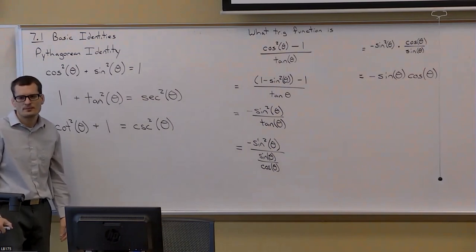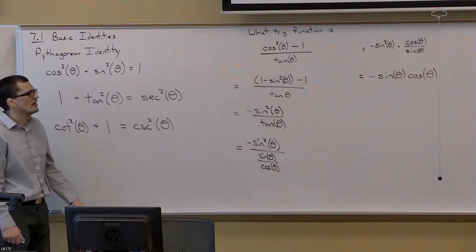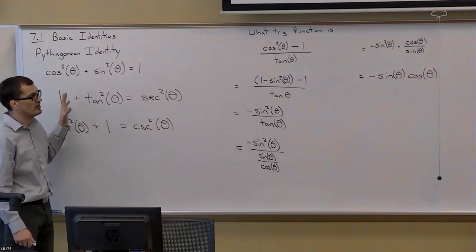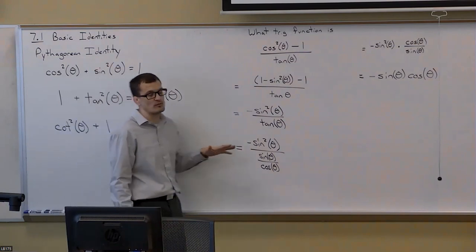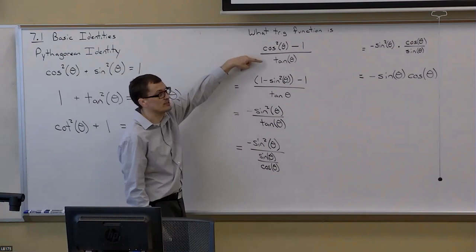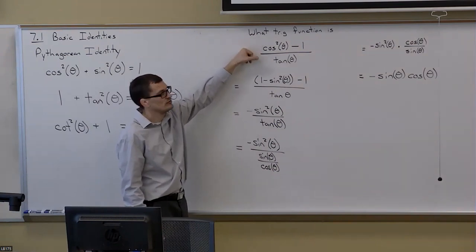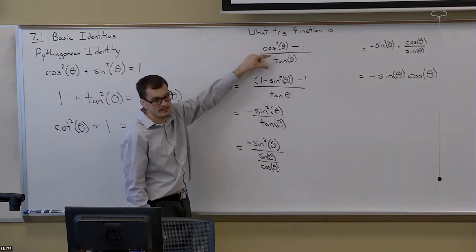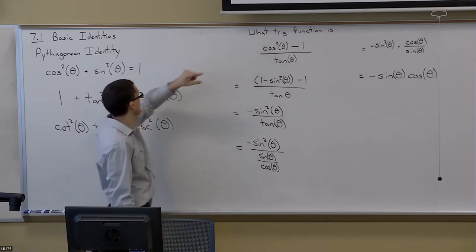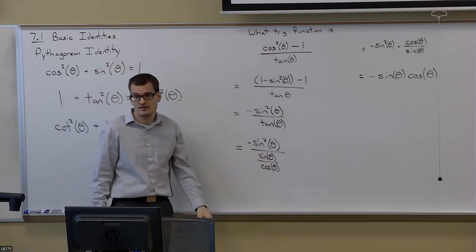Not too bad. Now, there's a lot of different options when you're applying these identities, and that's where it gets tricky. People will look at this and say, I don't know where to start. Well, do you start with rewriting tangent, or do you start with manipulating cosine squared with the Pythagorean identity?